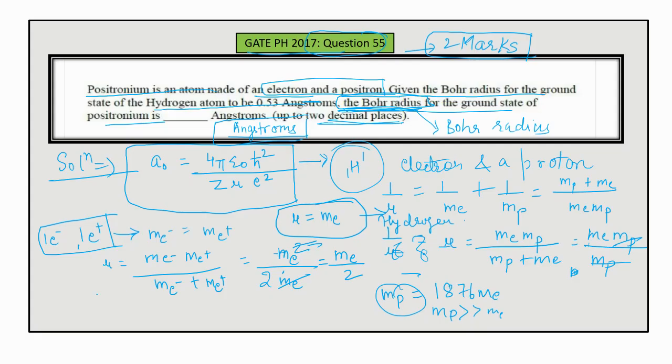Okay, put this in the formula. a naught is equal to 4 into 3.14 into epsilon naught. What is the value of epsilon naught? 8.85 into 10 raised to the power minus 12. H cross value is how much? 1.05 into 10 raised to the power minus 34 whole square.